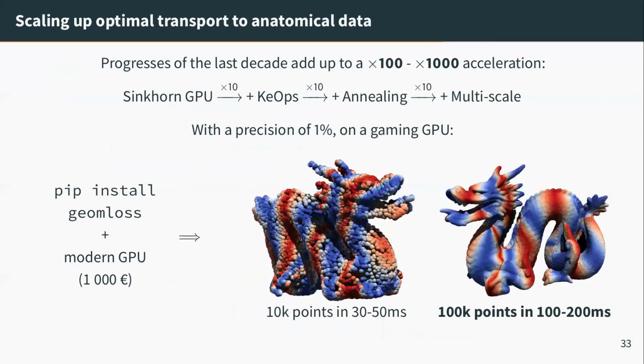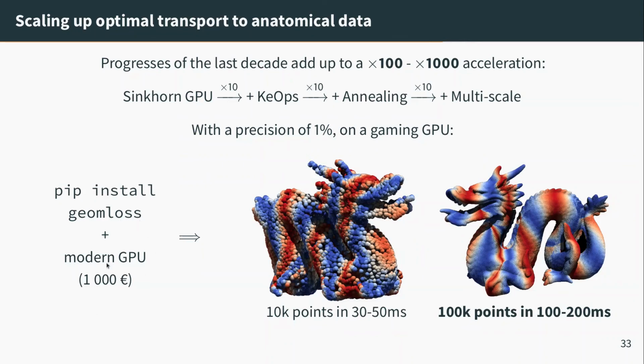So that's the idea. And the thing is that, today, optimal transport clearly scales up to this kind of anatomical data, like 100,000 points, 1 million points, it's not a problem anymore. So with a precision of 1%, if you're interested in computing a Wasserstein distance, with a gaming GPU, what you can do is install this library that I'm still developing. I should develop it more in the next few months.